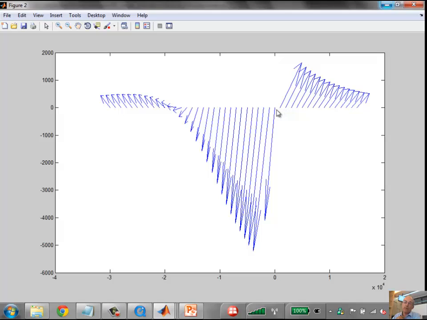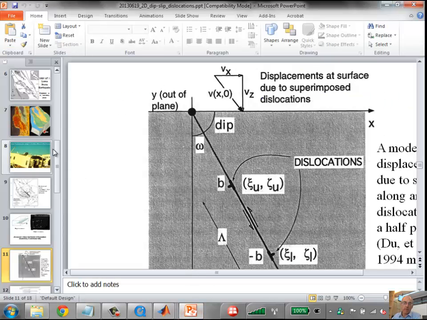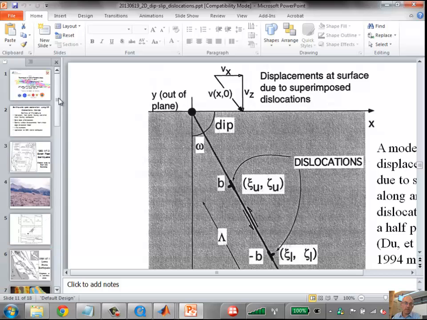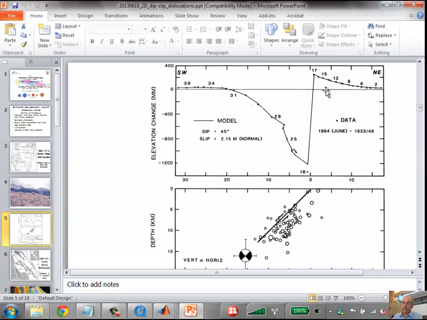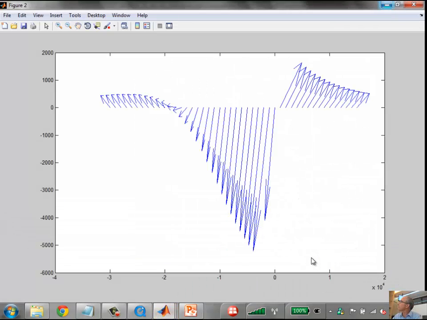So the fault would be right here, and it's going down like this. And so just compare this displacement with the Bora Peak case. That is the same as this.